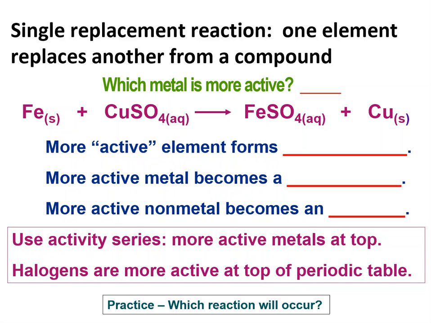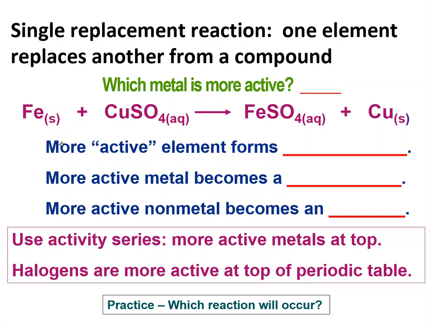Another kind of reaction we're going to just touch on briefly is a single replacement reaction. To recognize one of these, you always have an element by itself, and then you have an ionic compound. What happens is that the element will come in and take the place of something in the compound.